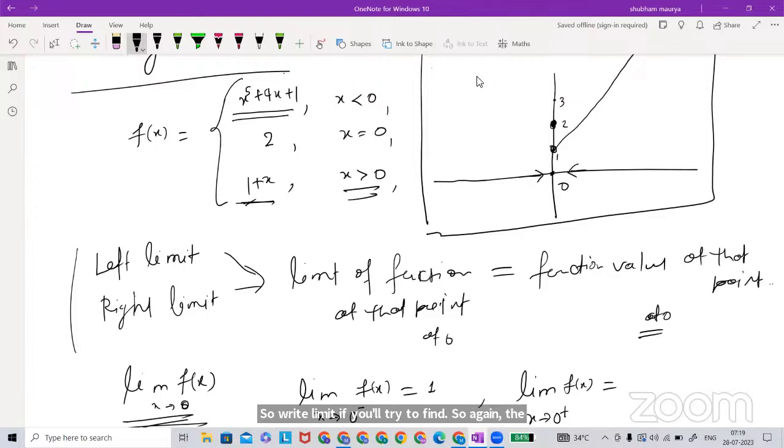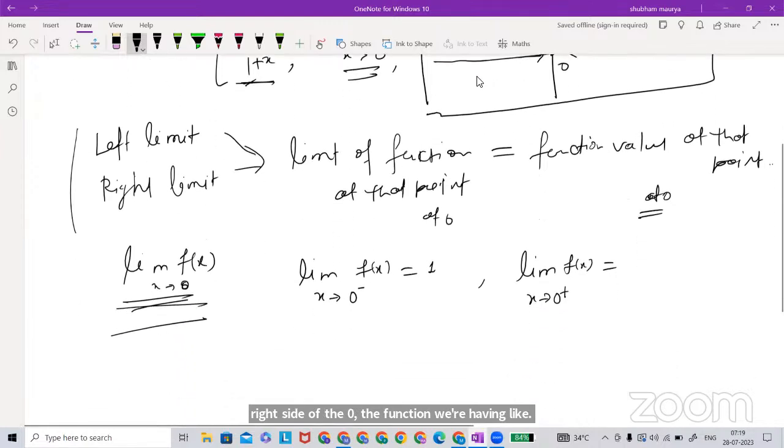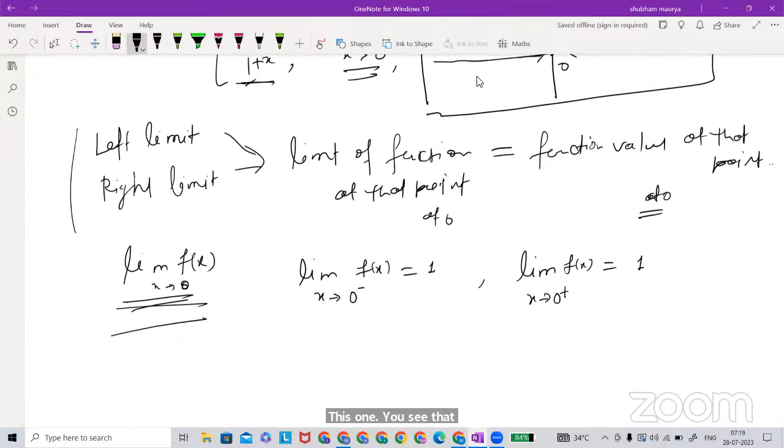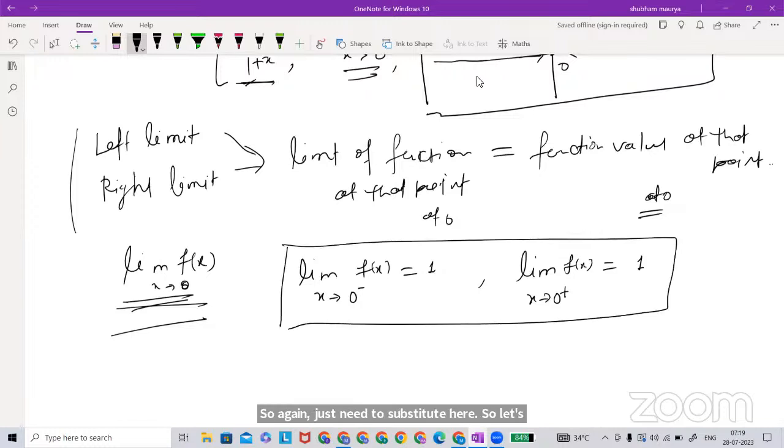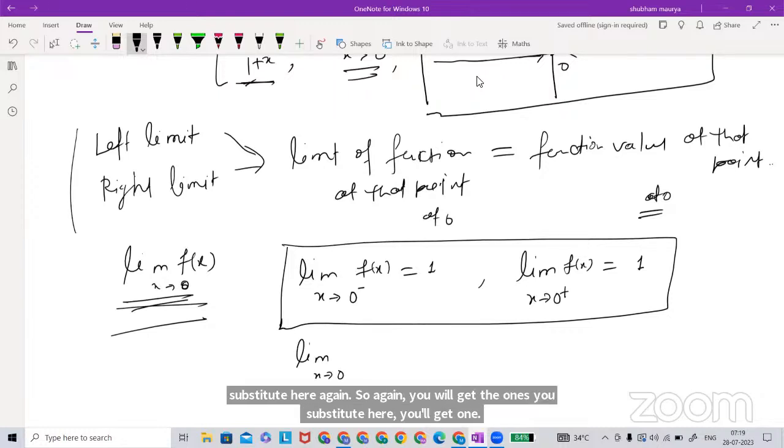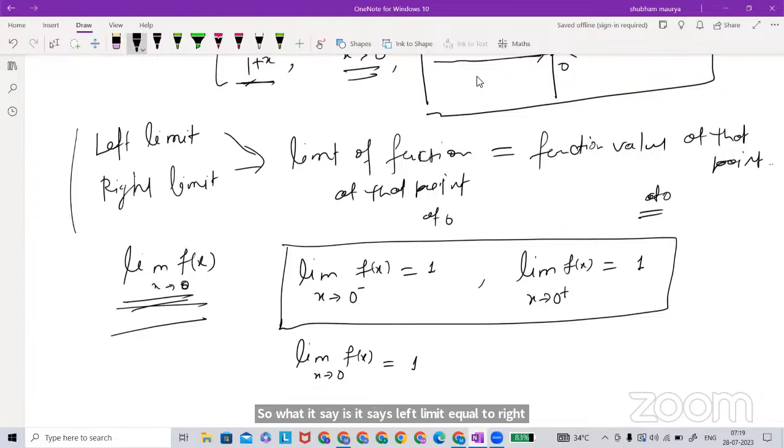Again we just need to substitute here, and once you substitute, you will get 1. So the left limit equals the right limit, which means the limit at 0 exists and is equal to 1, as the left limit and right limit are both equal. In that case only the limit exists.